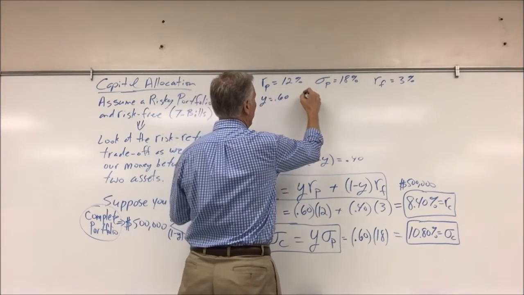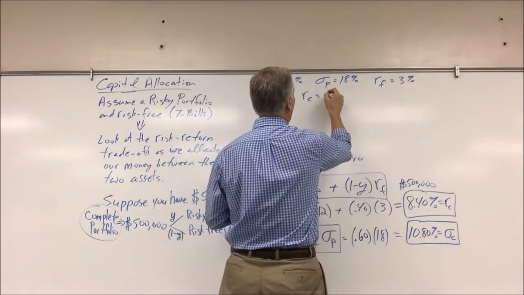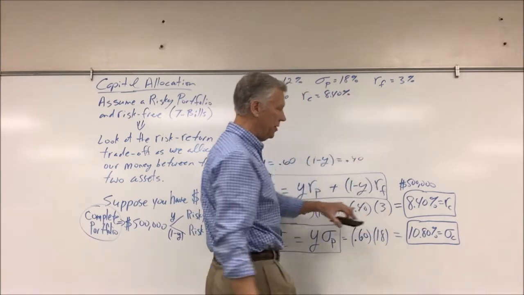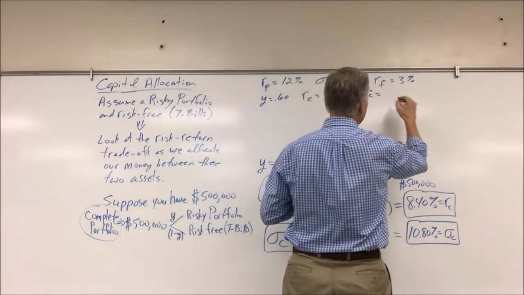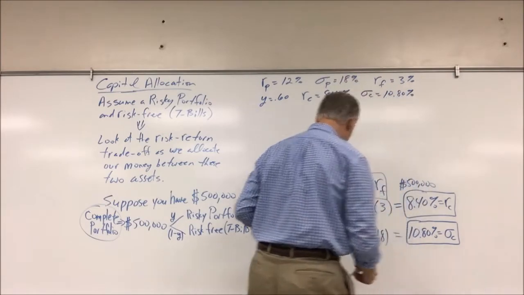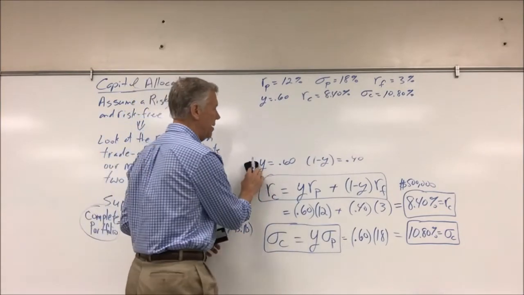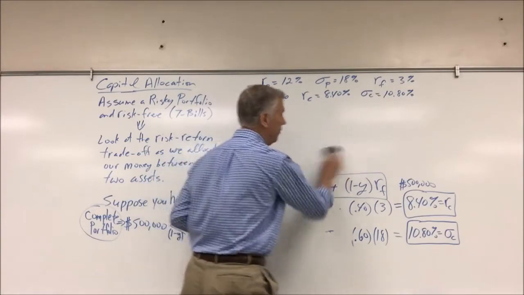What we had then, we found that RC was equal to what? 8.4. Put these up here for reference for us. And sigma C here was 10.8%.